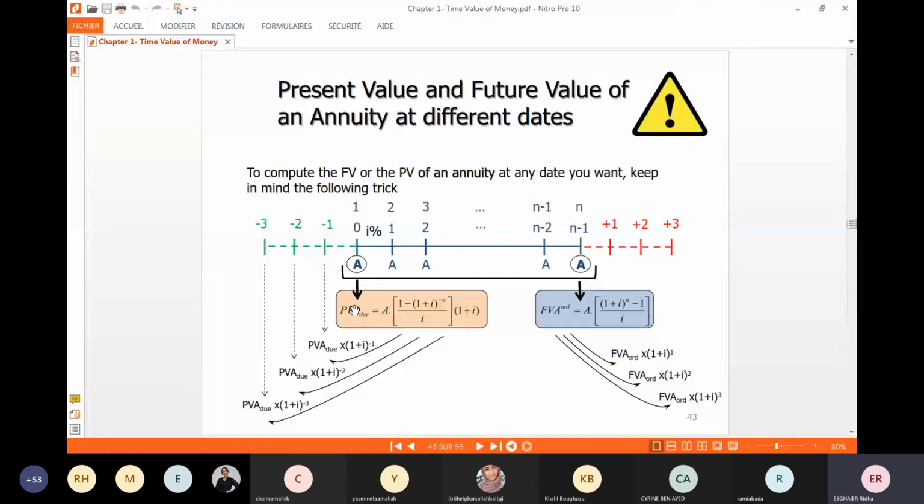Whether you move it 1, 2, 3 years, or n minus 1, n plus 1, n plus 2 years, this logic or this formula will allow you to compute the value of an annuity or a lump sum at any date you want, regardless of the dates, regardless of the kind of annuity, due or ordinary. Let's see if we understood this or not.